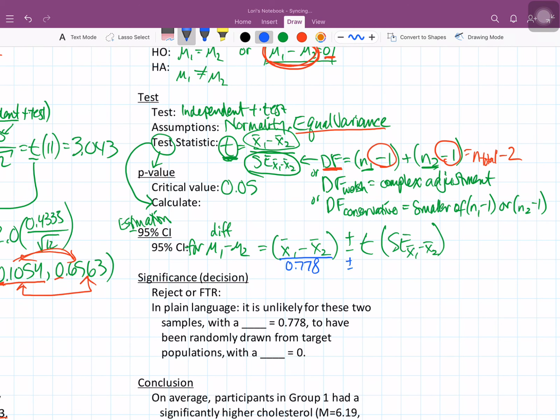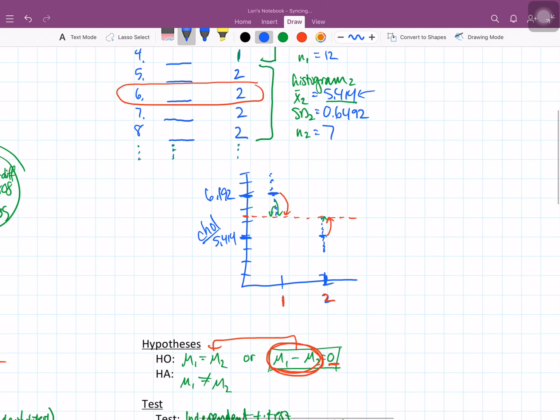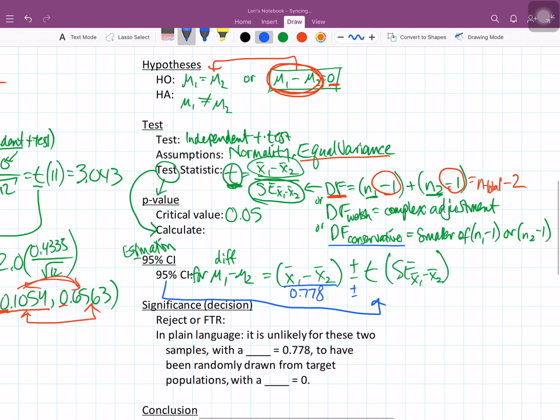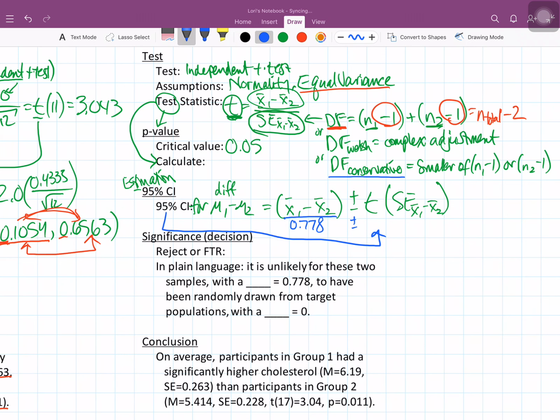0.778 plus or minus, and remember this 95% confidence interval depends on the degrees of freedom. In this particular case, I'll use the conservative degrees of freedom, which equals 6 because our smallest sample size was 7. The corresponding t-value for that is 2.447.